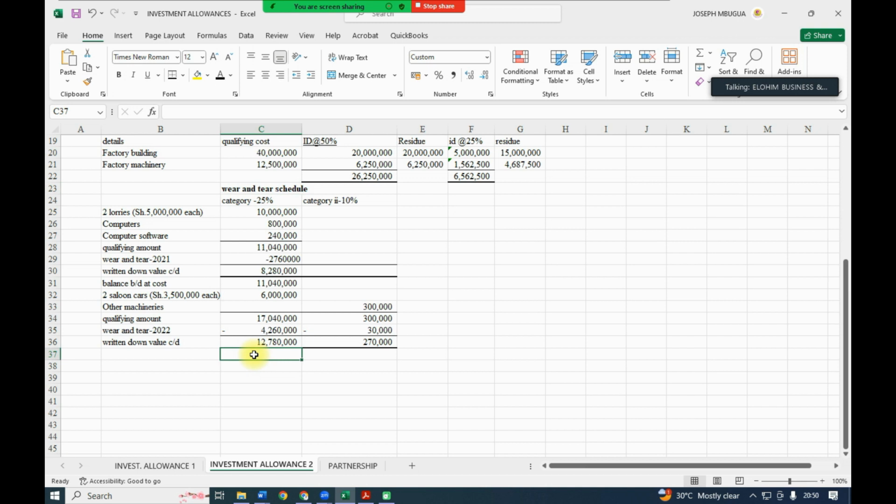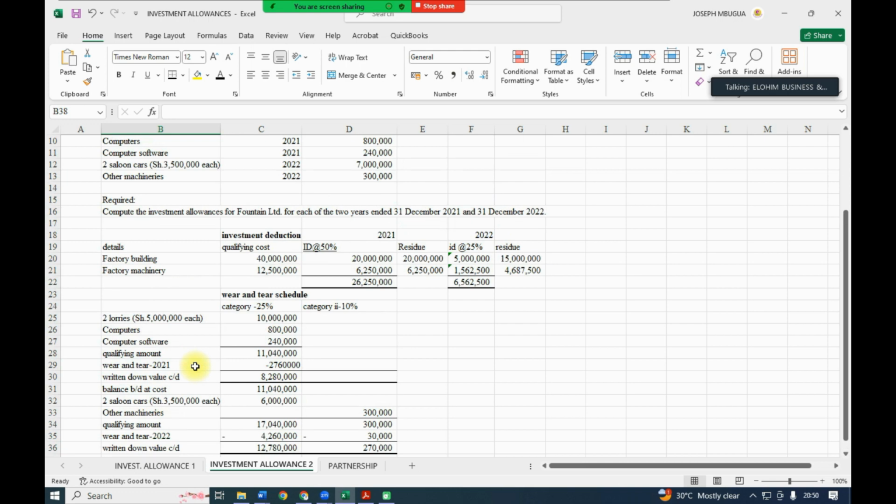We have IBD, industrial building deduction. So for IBD, we have the details. I think we had the same amount like what we had here.